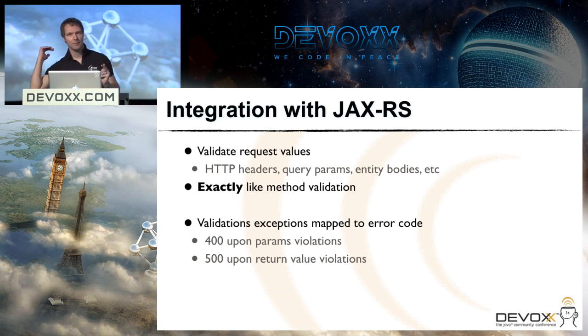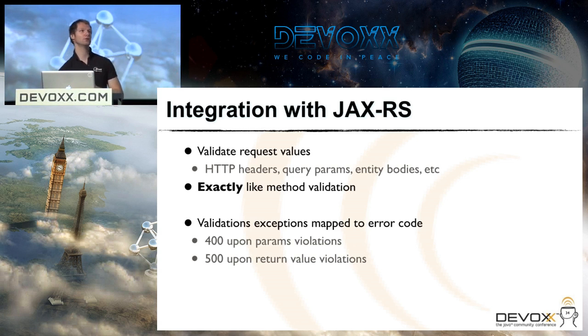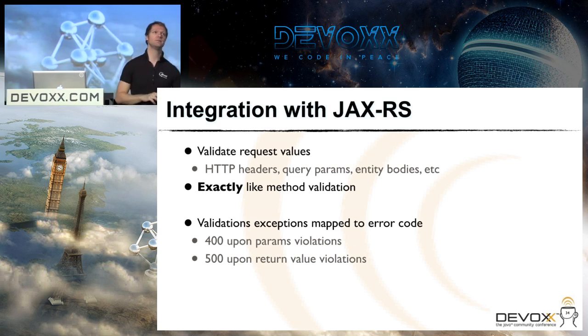So when parameter validation is failing, JAX-RS actually integrates with bean validation and raises an HTTP 400 code as the return error code for the resource. On the other hand, if the return type is not valid, it fails. But that's a different kind of failure. It's not that the client made something wrong, it's that the server made something wrong. So we raise an HTTP 500 error.